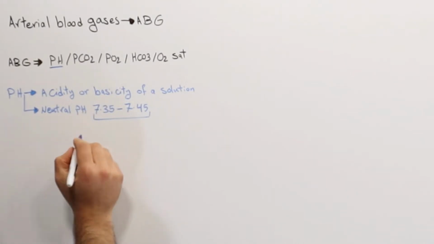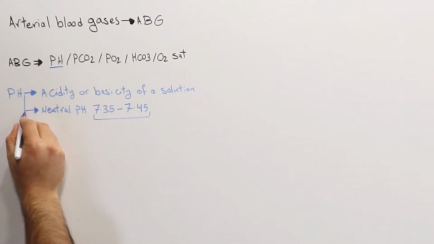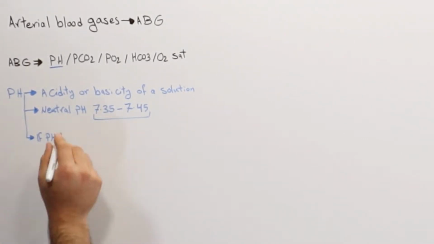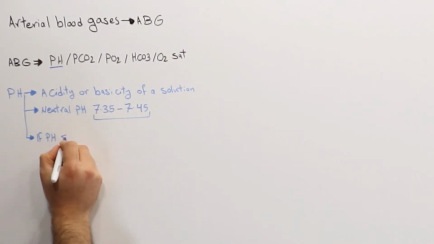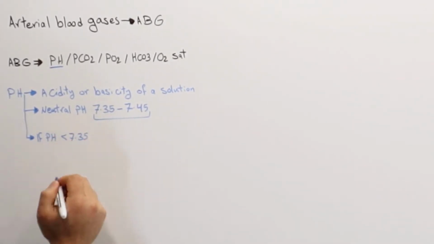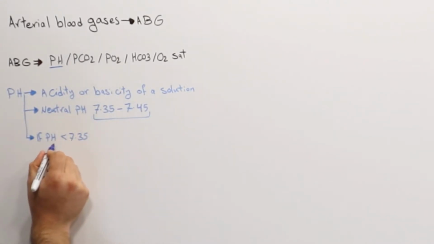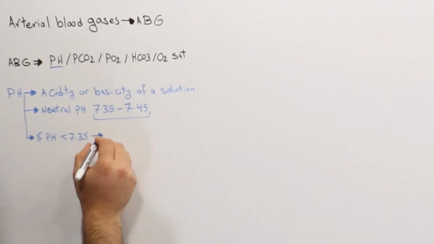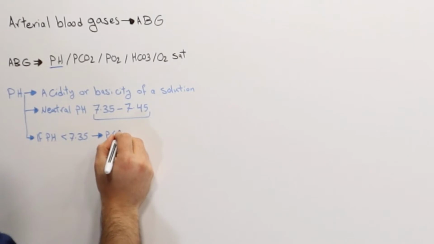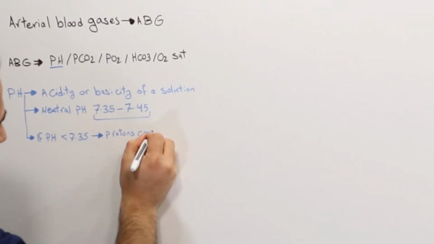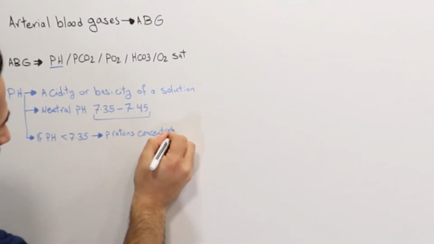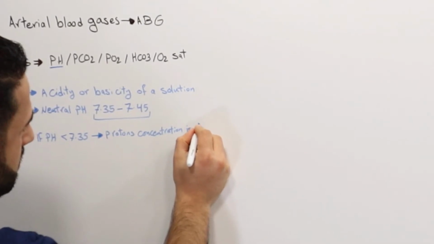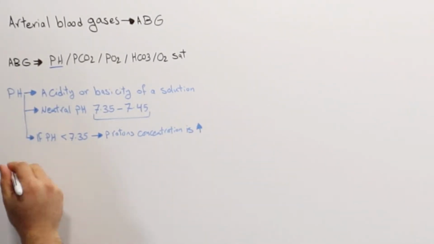It means that if the pH goes below 7.35, so pH is decreasing, the proton concentration is increasing, and vice versa.